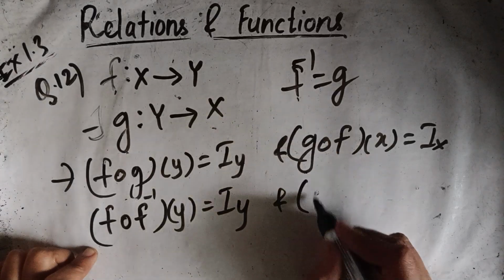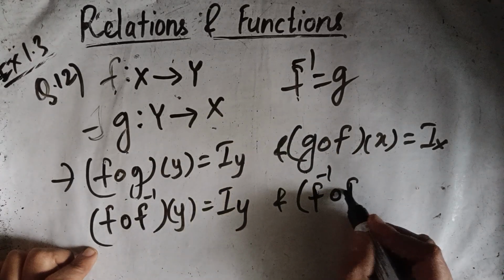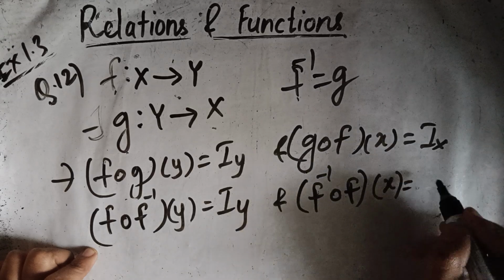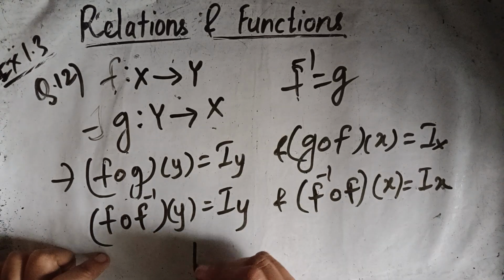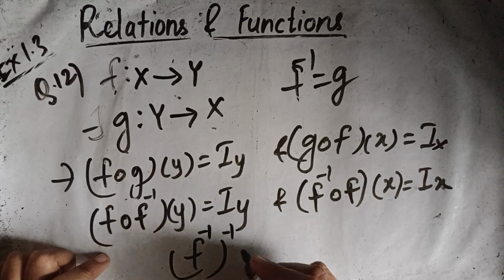In place of G, you have to write F inverse. So this itself proves that F inverse of inverse is F.